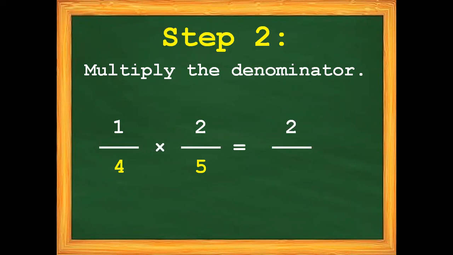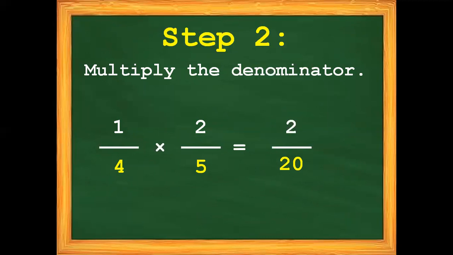But in this case, we do not need to get their LCD or least common denominator, just like in addition and subtraction of dissimilar fractions. We just need to simply multiply the denominators. So 4 times 5, the answer is 20.